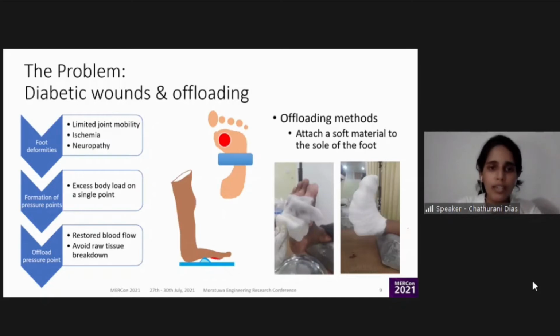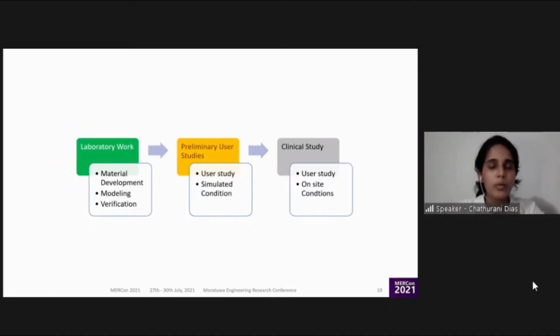So in our project, what we're trying to do is develop a better, more effective way of applying this offloading. In our work, we have 3 segments, where we first engaged in laboratory work, which involves developing a material that is suitable for use in offloading, then modeling that material, and also verification.